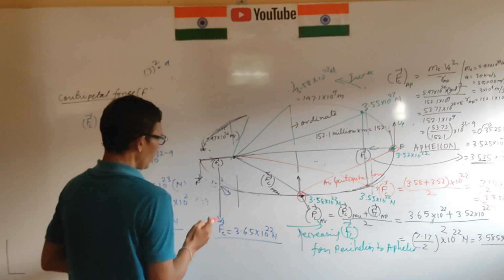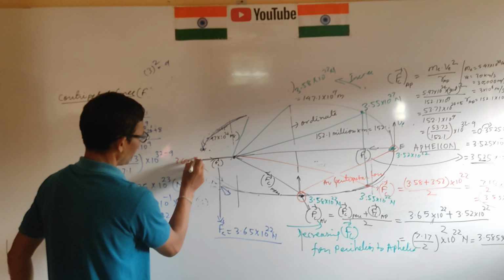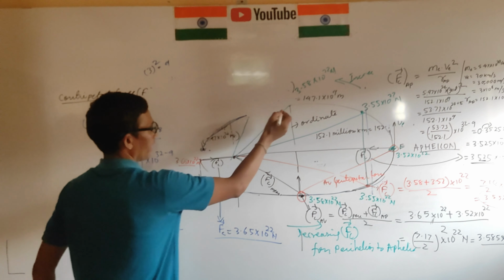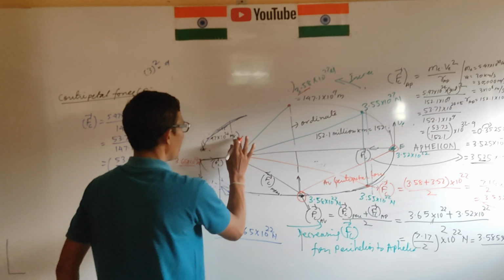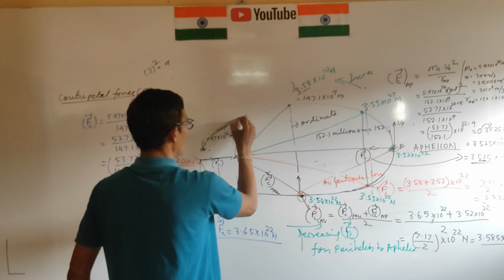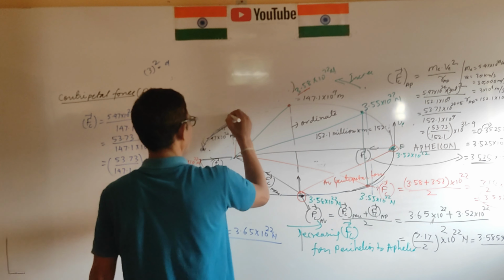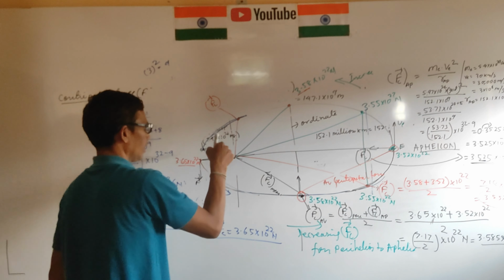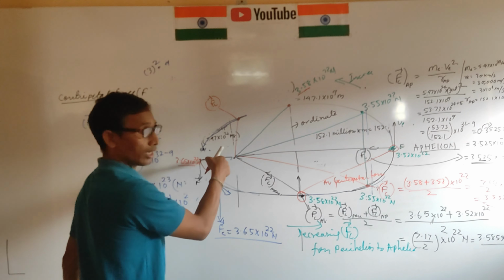We know that 3.65 into 10 to the power 22 Newton force is acting at the perihelion point. Then what is the mean force? This is the centripetal force of the earth just closer to the perihelion region.